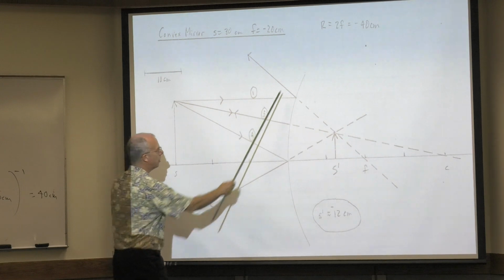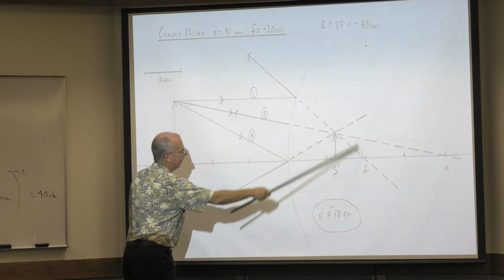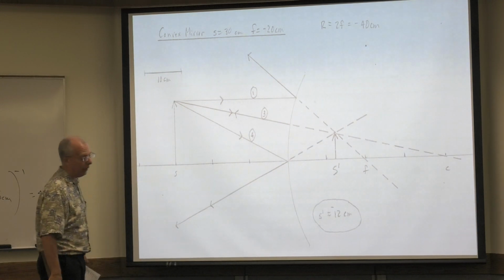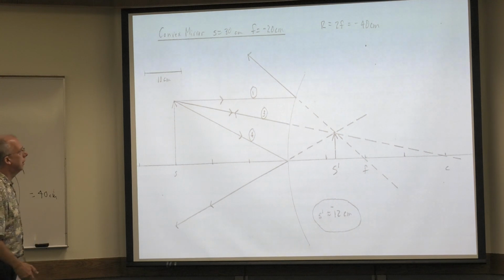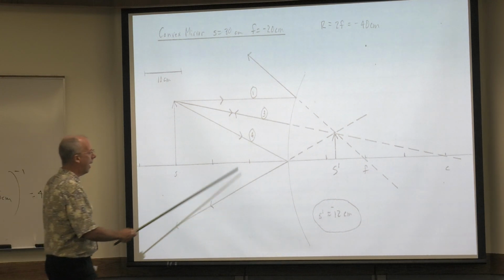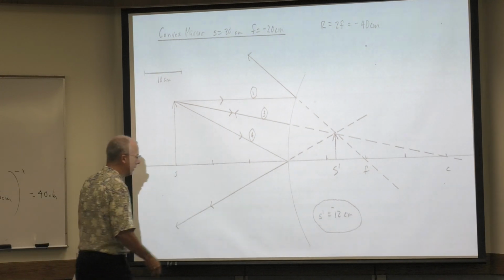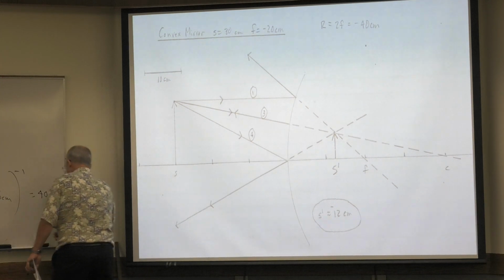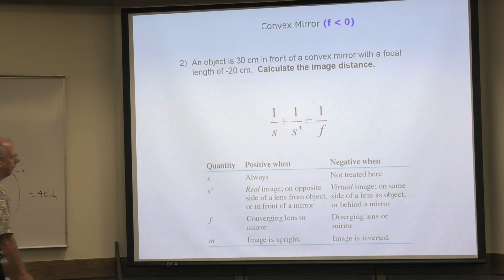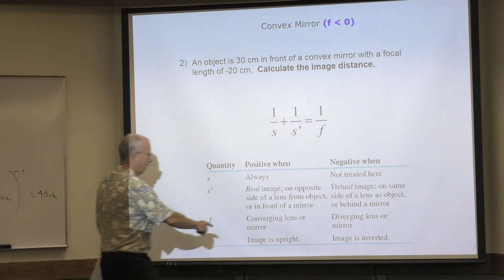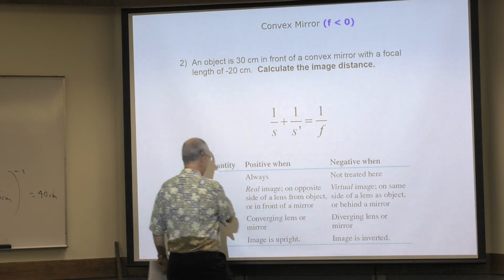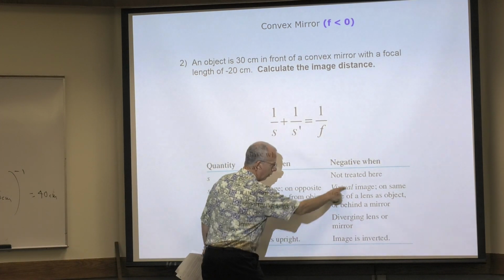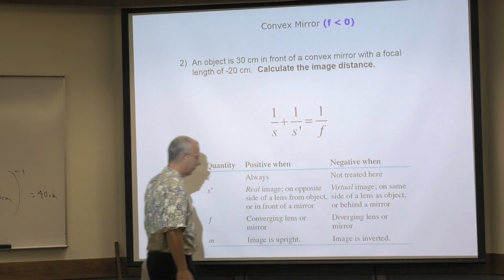Now again, this is a mirror, right? So this is not real light, you know. It just backtracks the real light rays. So it's a virtual image. It's behind the mirror, so we have to give that minus sign. And, right, S prime is negative, virtual, behind the mirror.